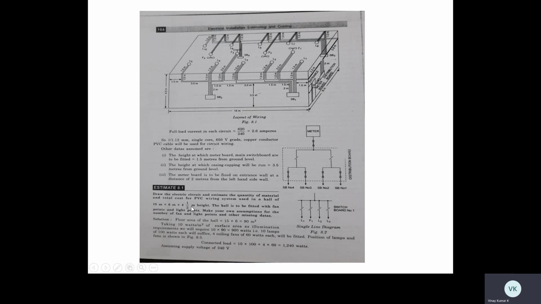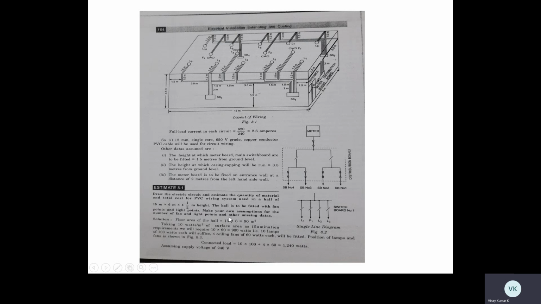For that purpose, first we have to go for illumination, how much illumination it should contain, and the total connected load. Floor area is calculated by length into breadth, that is 15 m into 6 m, about 90 m square.